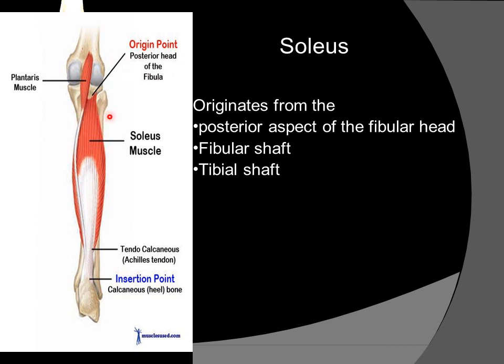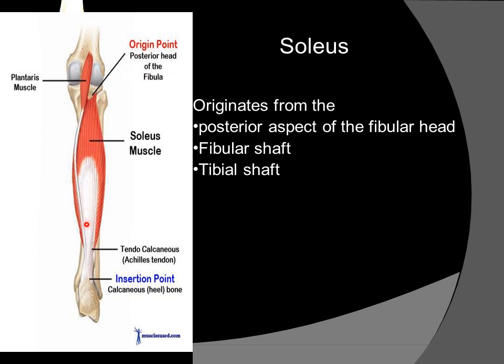So origin is from the posterior surface of the upper part of the shaft of the fibula bone, and from the soleal line and middle 1/3 of the medial border of the tibia, and also from the tendinous arch between tibia and fibula. So this is the origin of the soleus muscle. So basically it is arising from the fibula and the tibia and the tendinous arch between tibia and the fibula.